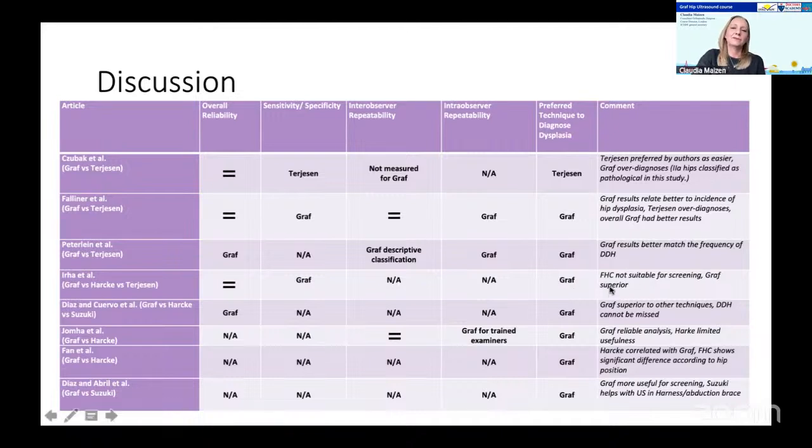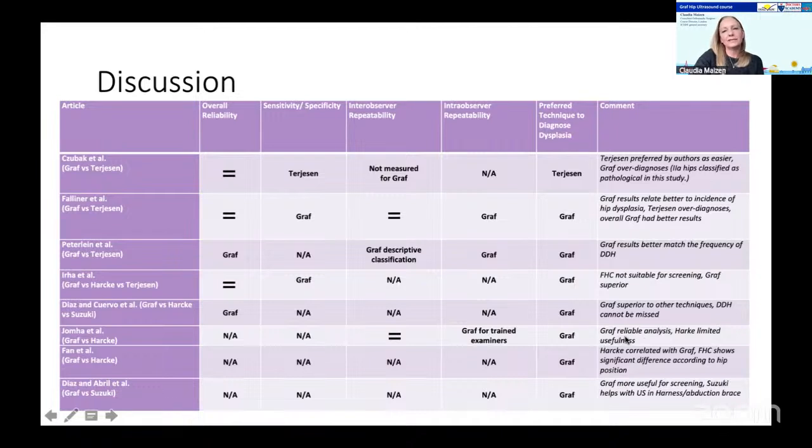One study found that femoral head coverage wasn't useful for screening, and as a screening test, Graf was superior. This group, DSSR, found that Graf was superior to other techniques, so they compared several, Hake and Suzuki as well, and that with this method DDH cannot be missed.